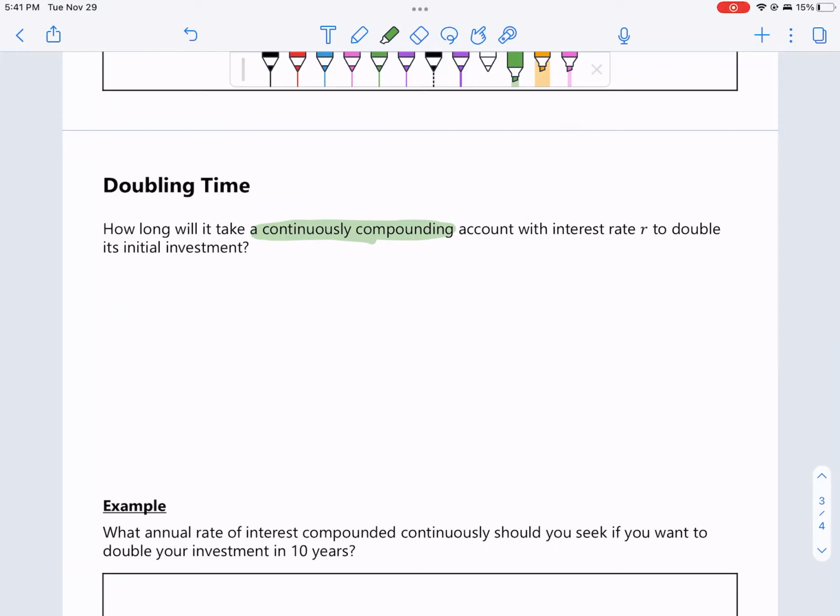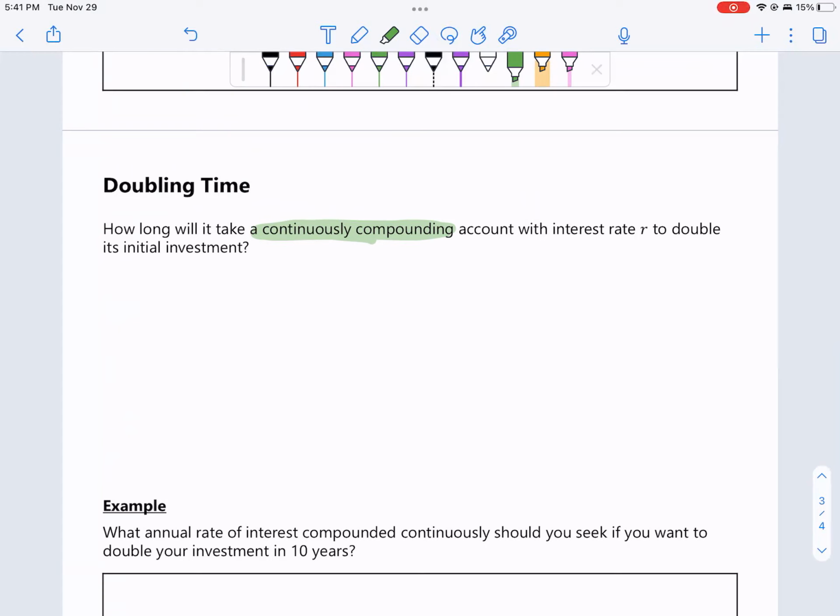Anyway, this doubling time idea works for continuously compounding interest, but it'll also work in our biology section when we talk about population growth, the doubling time for population growth, and it will also have a relevant relationship to radioactive decay when we talk about that later.